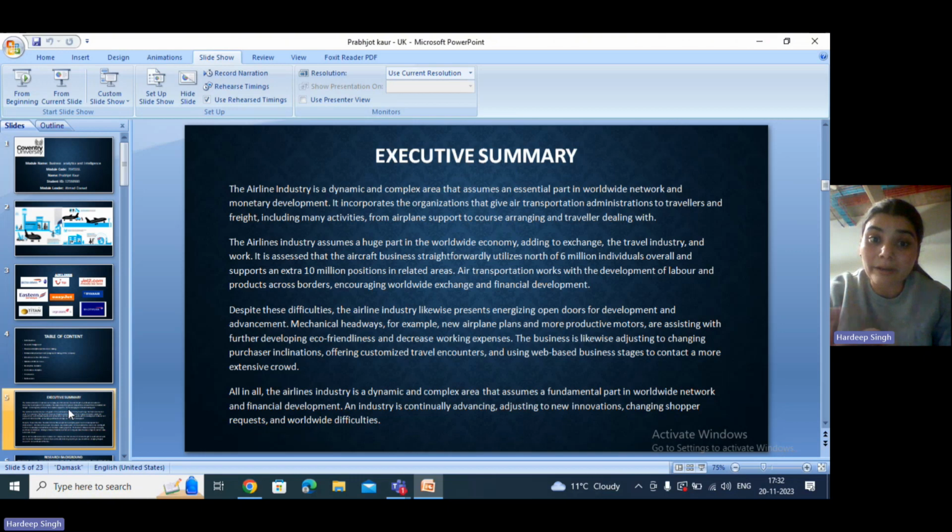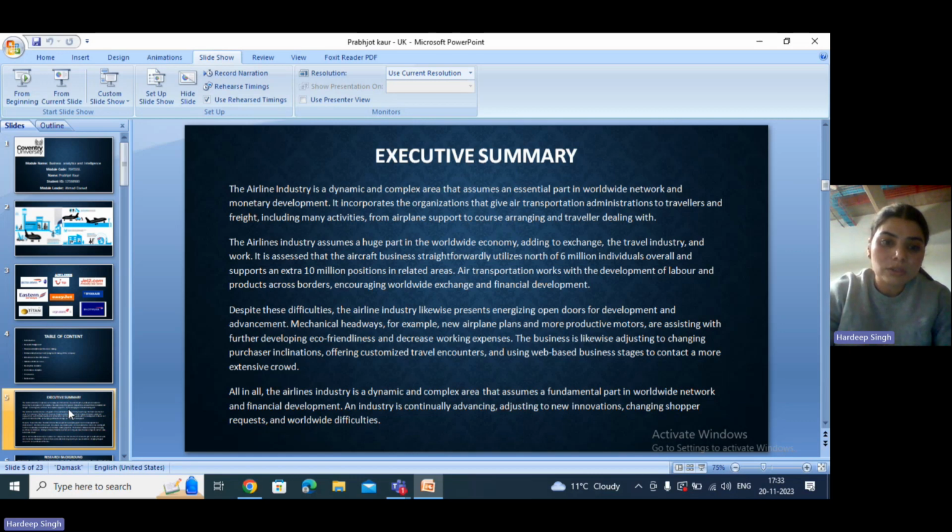The aircraft business directly employs over 6 million people worldwide and supports an extra 10 million positions in related areas. Despite this, sometimes they have to face difficulties like competition. So the airline industry also presents opportunities for the development of this industry.